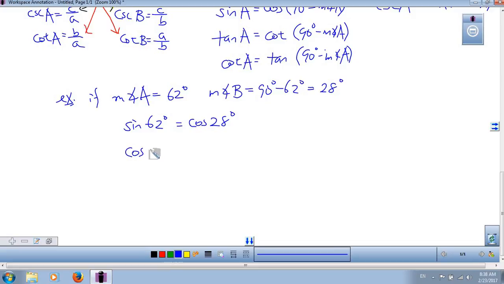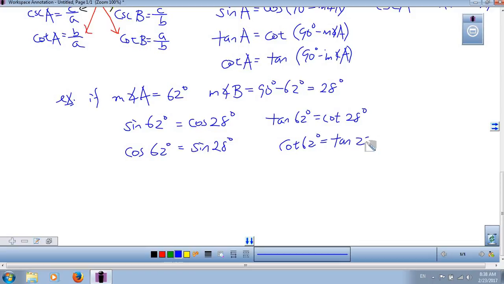So if I say cosine of 62, that will have to be equal to sine of 28. Tangent of 62 degrees will have to be equal to cotangent of 28 degrees. Cotangent of 62 degrees has to be equal to tangent of 28 degrees.